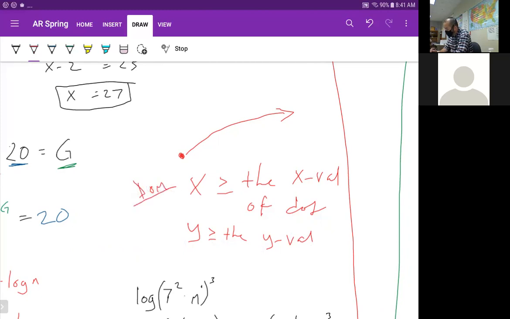That's domain, that's range. The only exception is if it's like this way. Yeah, so this is when it goes up and to the right. If it goes down and to the left, you switch these signs here. Okay, that covers everything.